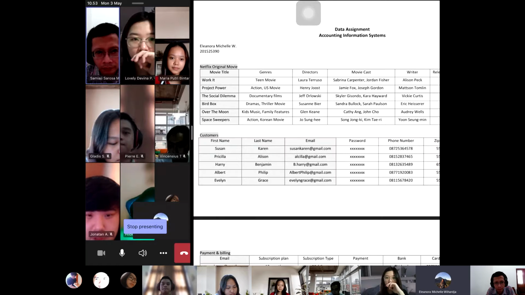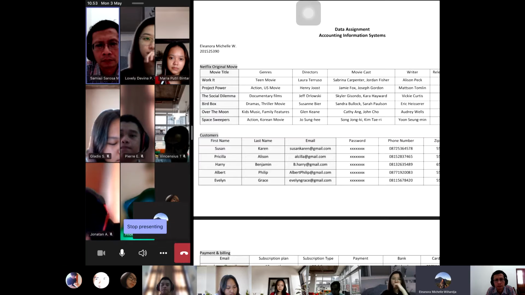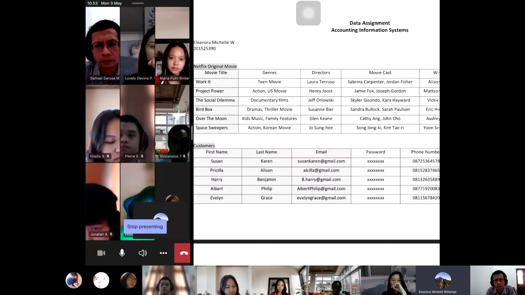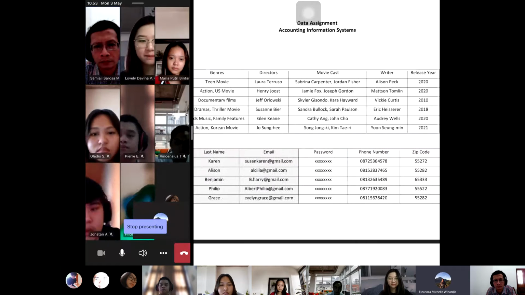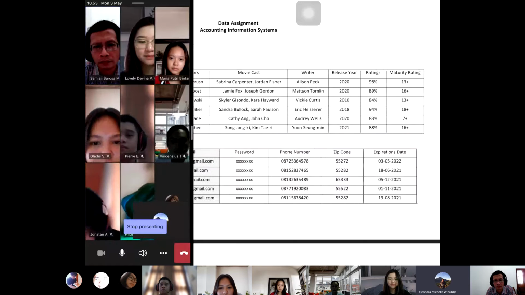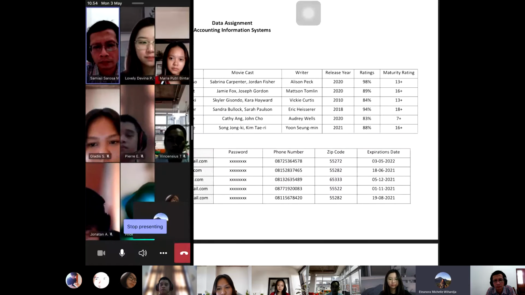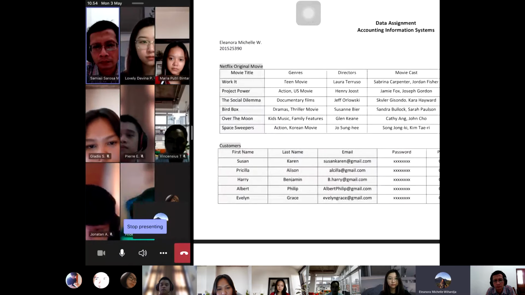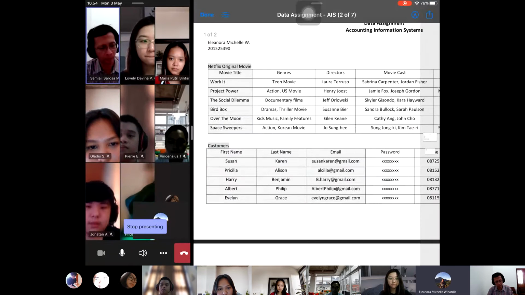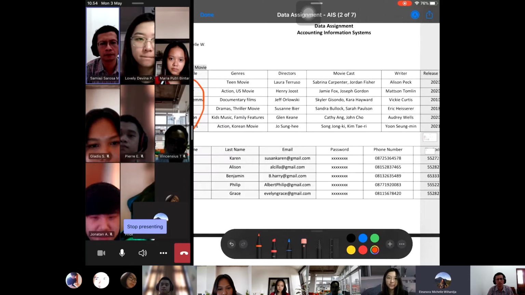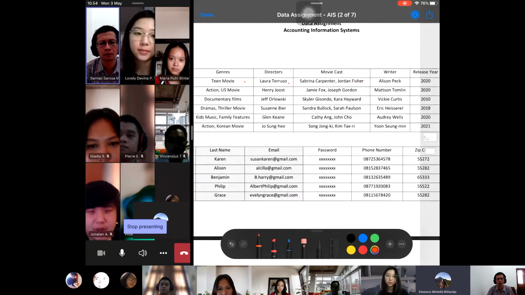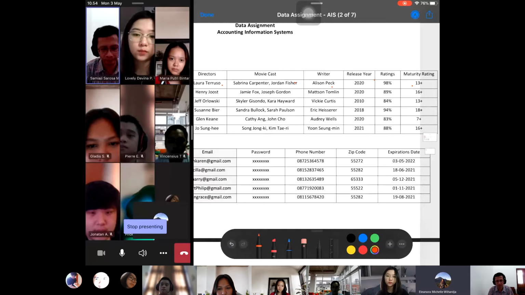Okay, today I will present about the data tables of Netflix. So the first one is Netflix original movie. There are movie titles, genres, directors, movie cast, writers, release date, ratings, and maturity ratings. In this table, the primary key is, I think, this one, and the attribute is about this one.